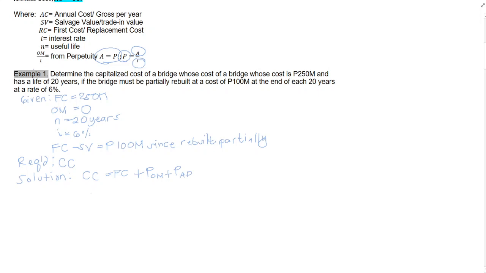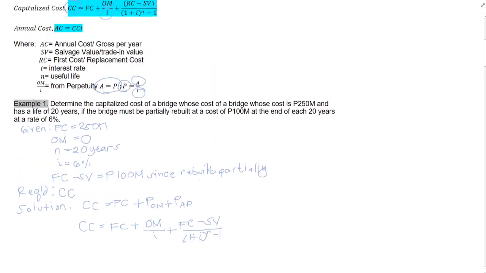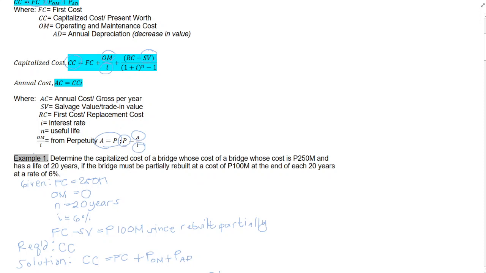So let us have the formulas, that is FC plus your OM, the operating and maintenance cost, divided by your I, plus FC minus SV, which is 100 million already, divided by 1 plus I raised to n minus 1. So this is just like in compound interest. I forgot to tell you that your AC, your annual cost, is also equal to your capitalized cost multiplied by the interest rate.